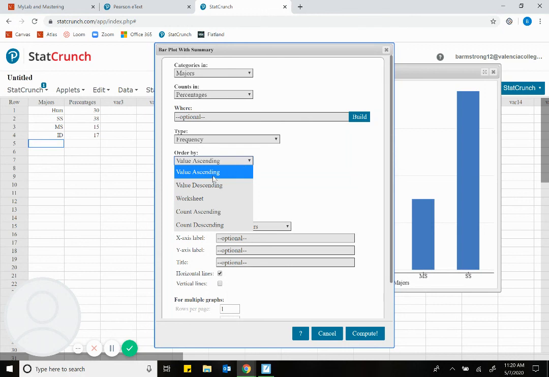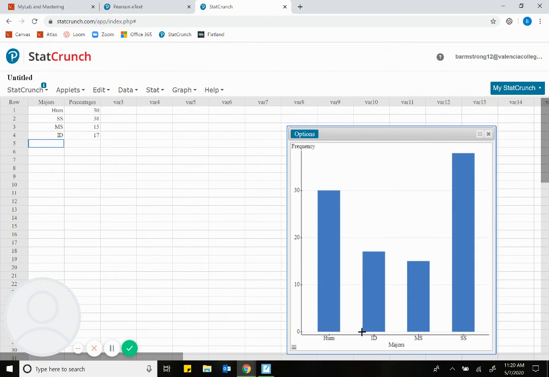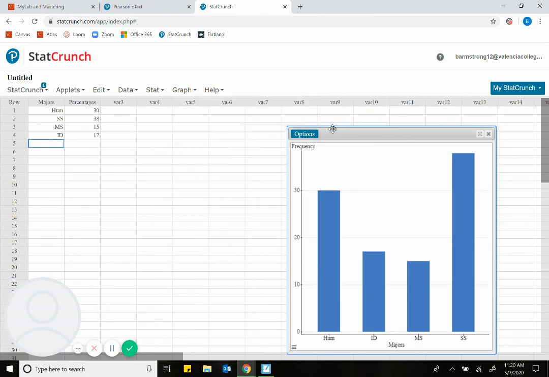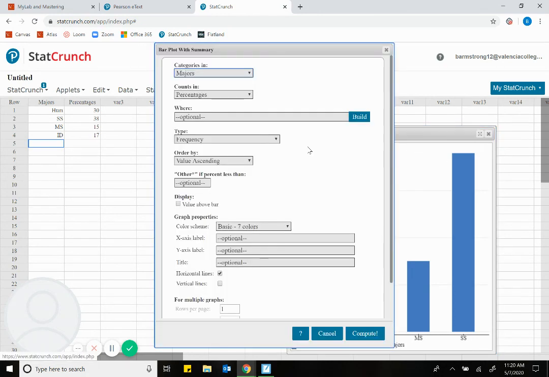Let's say value ascending. Nope, that wasn't it. There's a way to make it a Pareto chart. Let me make sure it's not actually up here. Chart columns. Let's go back into this. Edit. There is a way to make it a Pareto.